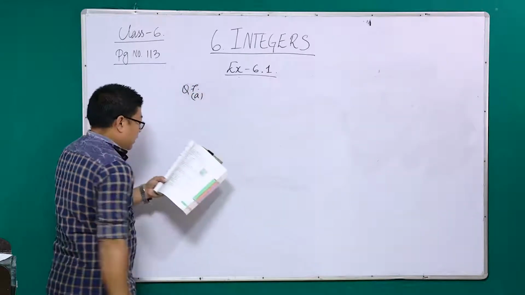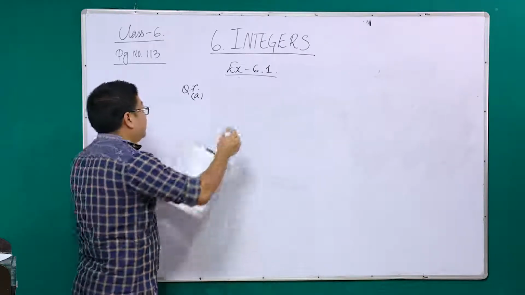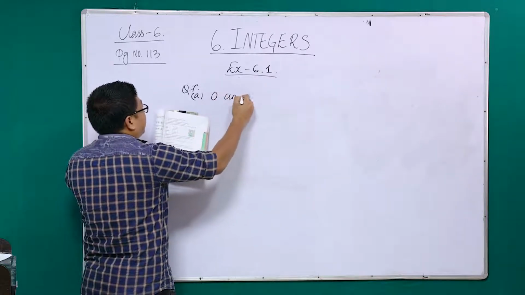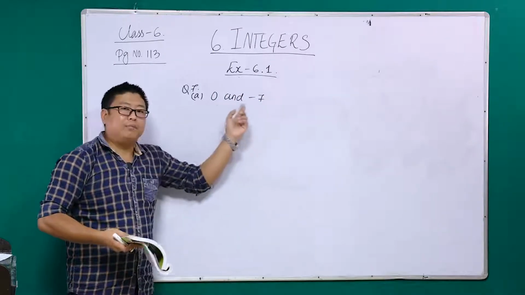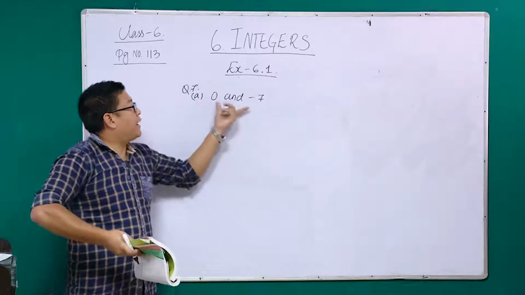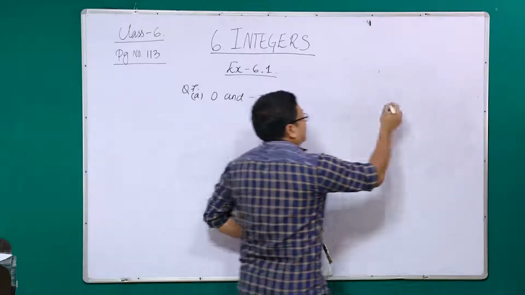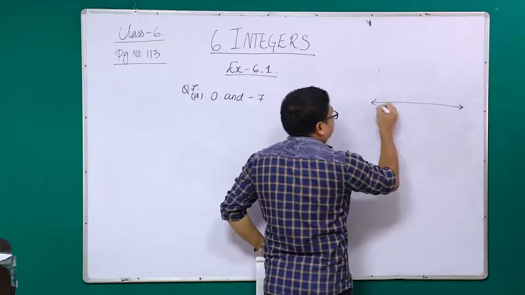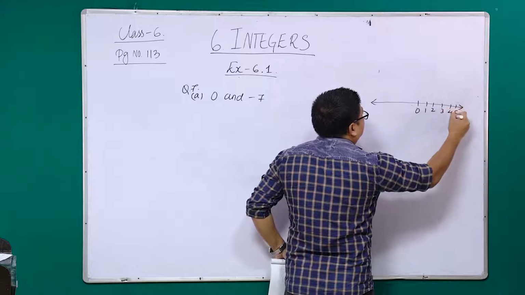A. Write all the integers between the given pairs. The first pair is 0 and minus 7. So we have to write the numbers between 0 and minus 7. To understand this better, to be able to quickly solve it, let's draw a number line. 0, 1, 2, 3, 4, 5, it goes on.